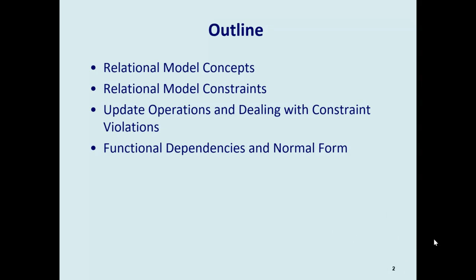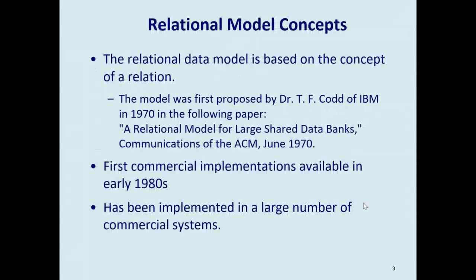In this class, we're going to discuss what a relational data model is, as well as relational data model constraints. Then we're also going to discuss the database update operations. Those operations might have the potential to violate the relational database constraints, so how are we going to handle that? Then finally, we're going to discuss functional dependencies and normal forms, okay?